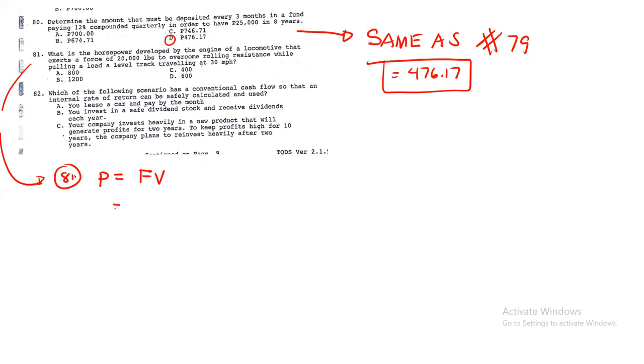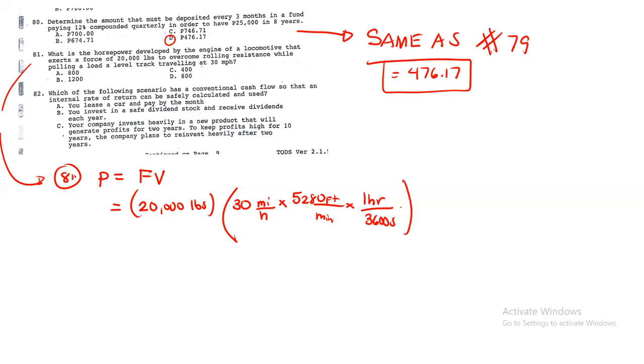Force is 20,000 pounds times velocity is 30 miles per hour times 5,280 feet per mile times 1 hour per 3,600 seconds.